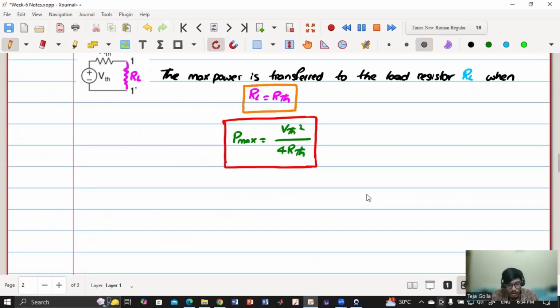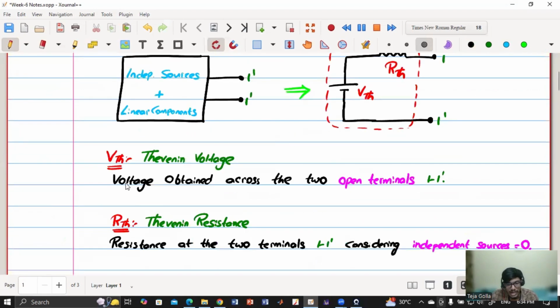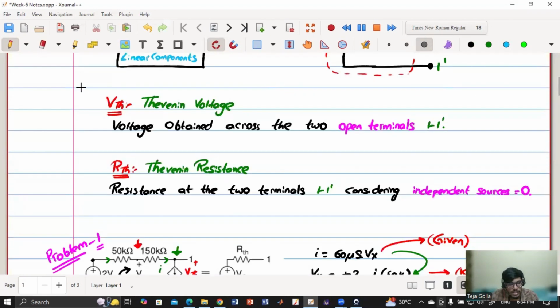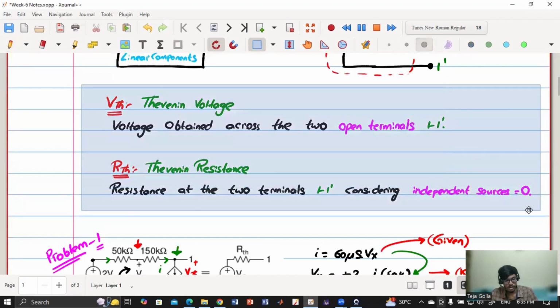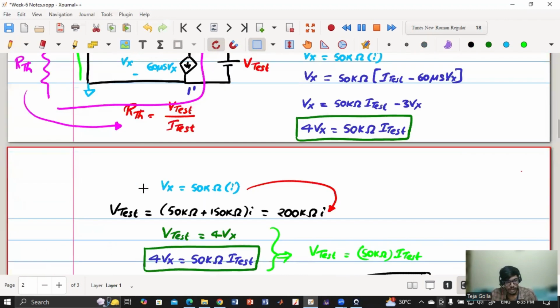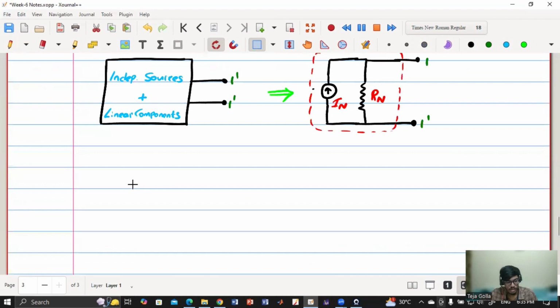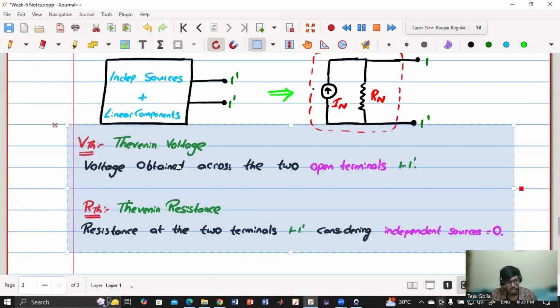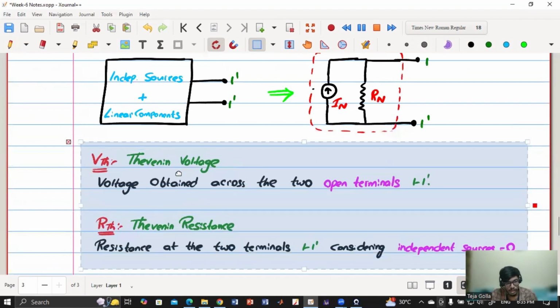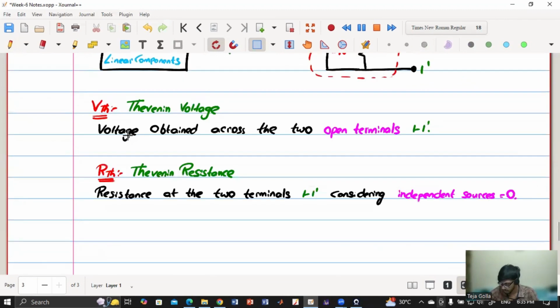We have already seen how to calculate Thevenin voltage as well as Thevenin resistance. Now we'll see how to calculate Norton current and Norton resistance. Let us use the same color combination so that one can see what is actually getting changed.